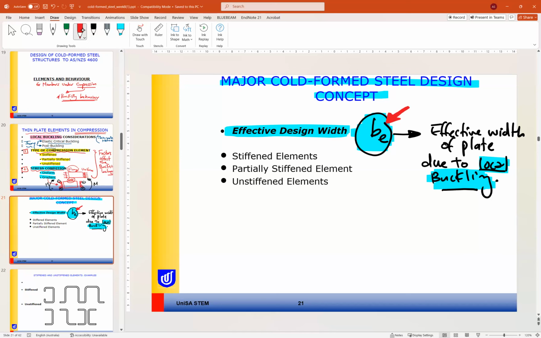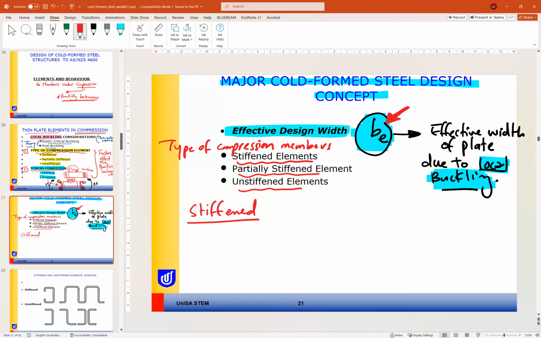Our first factor we should consider is the type of compression member, or what is the edge condition for the compression member. It can be stiffened, partially stiffened, or unstiffened. What does stiffened mean?